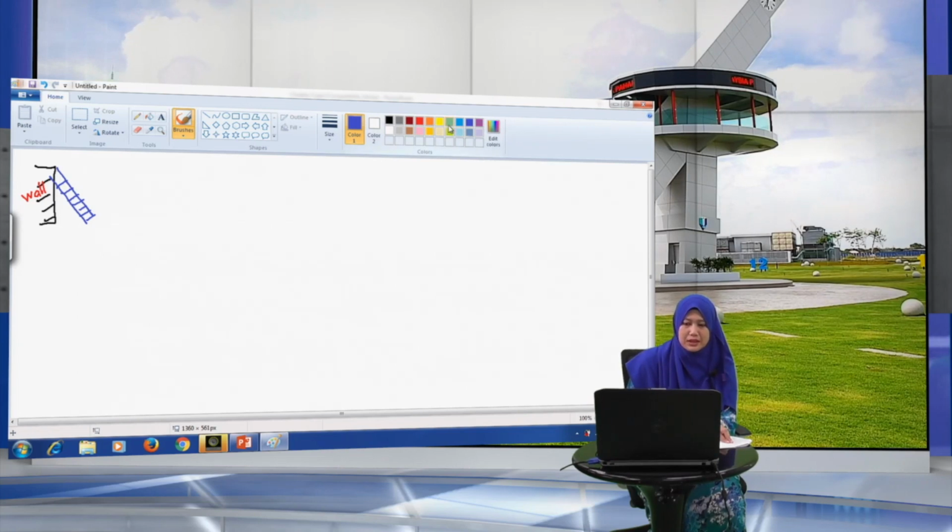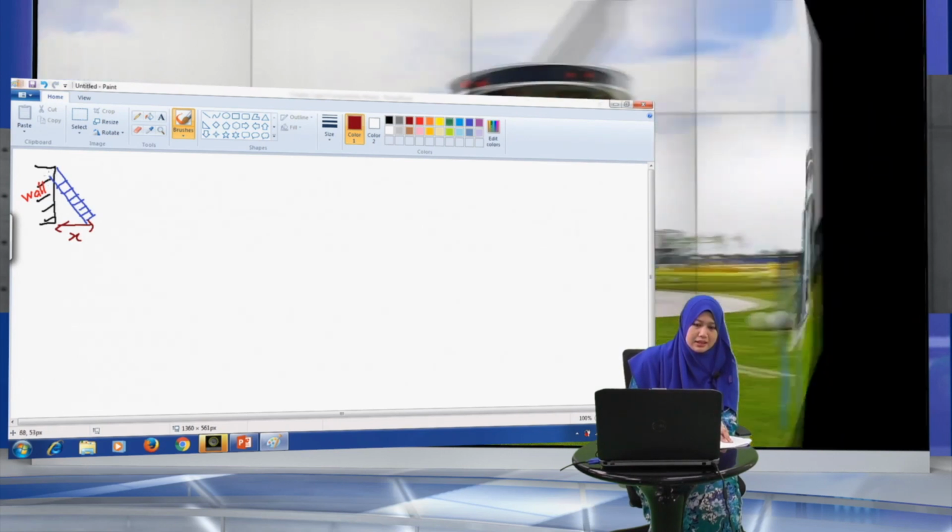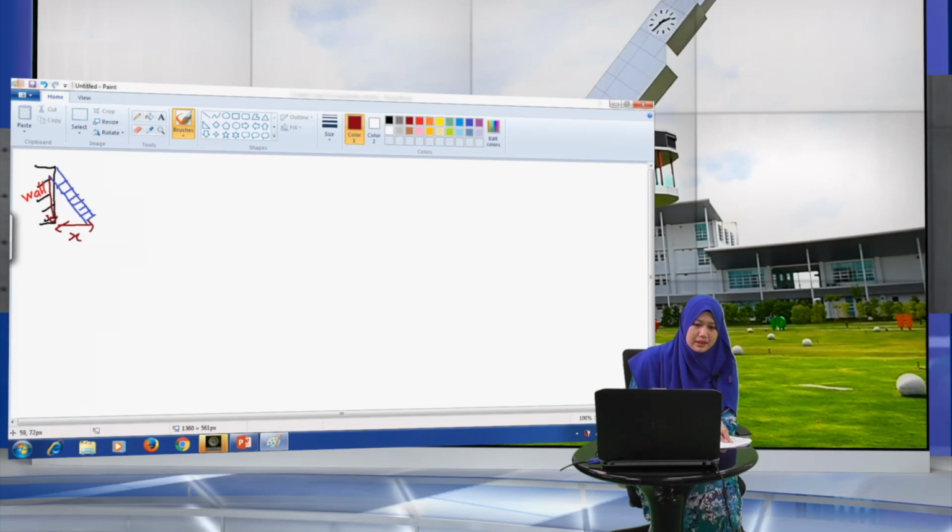So we need to determine the dimensions or the related variables. Let's say this distance is represented by x, the distance between the wall and the ladder on the ground. And let's say this height is y.